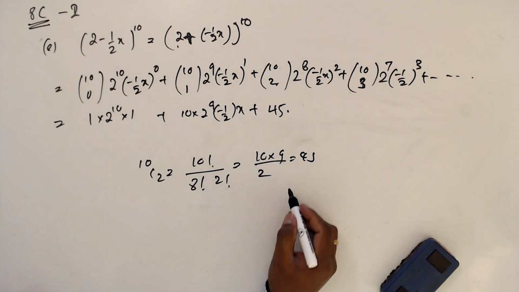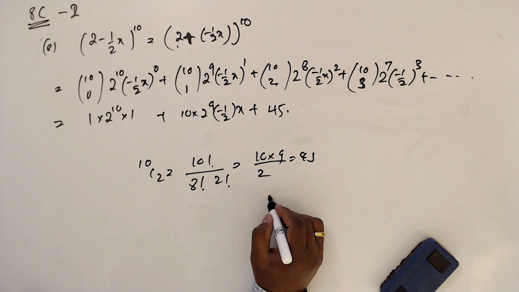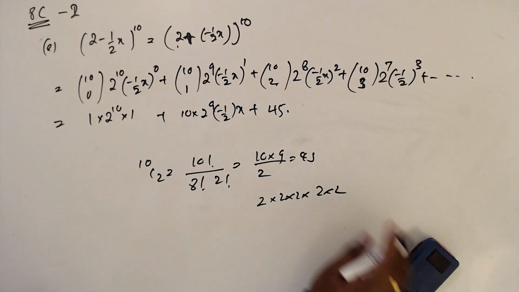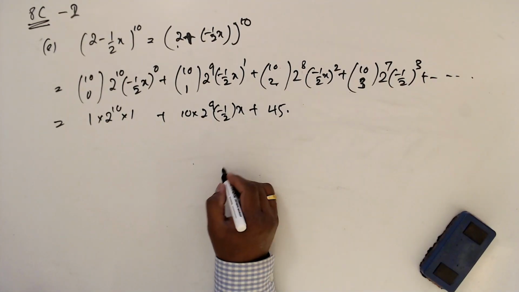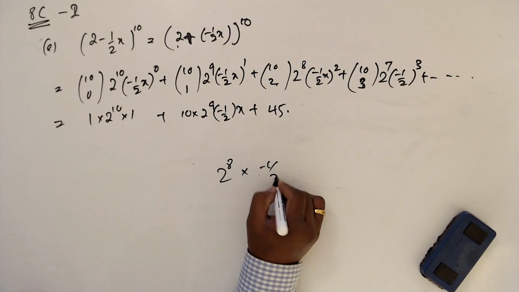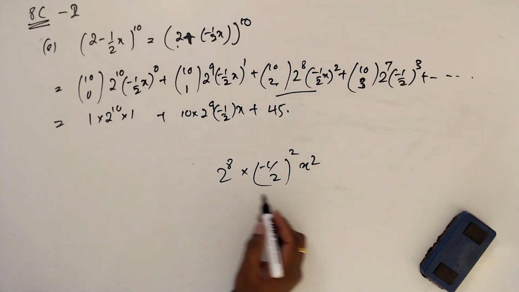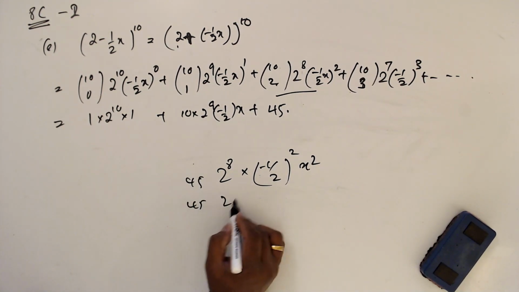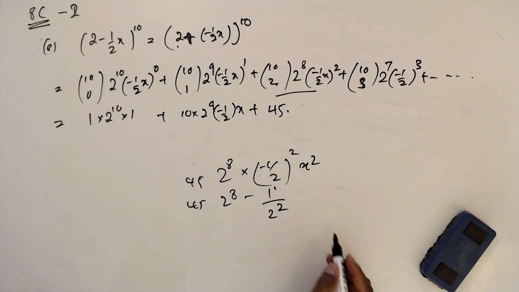2^8 times minus half squared x square. I took this term totally, and this is 45 times 2^8. When you square minus half, it is 1 over 2 square, times x square.